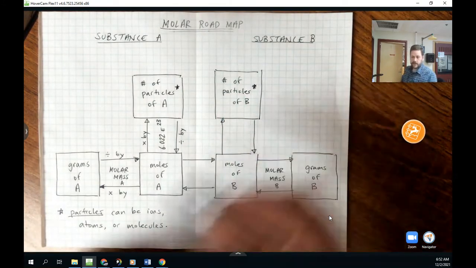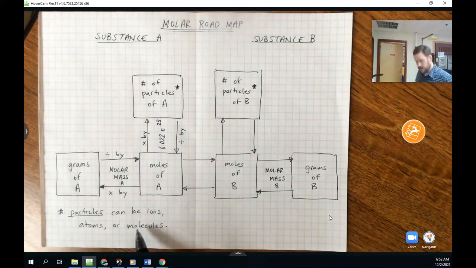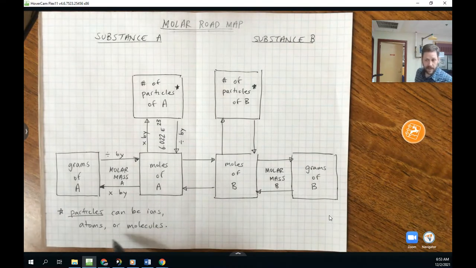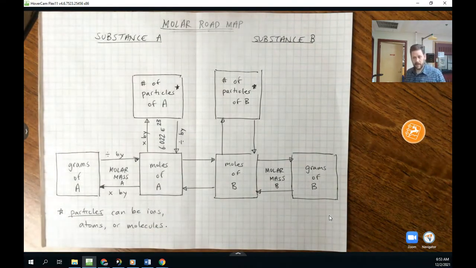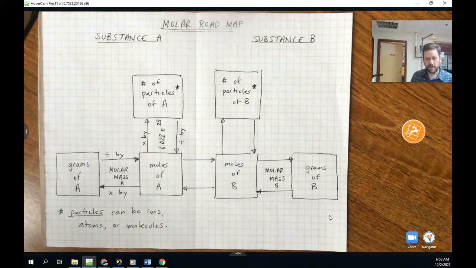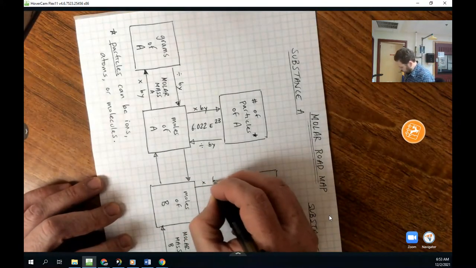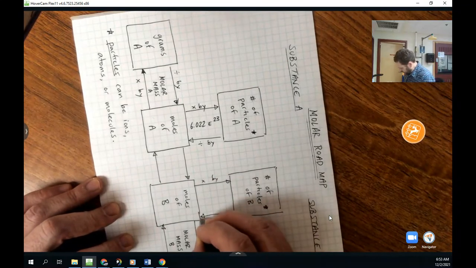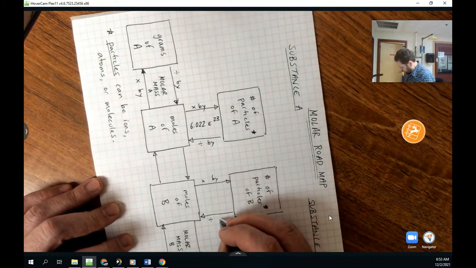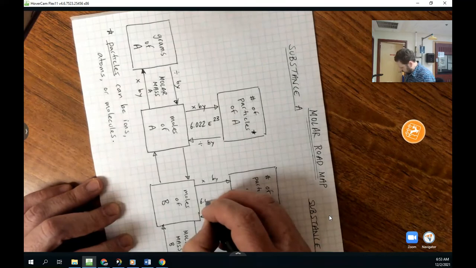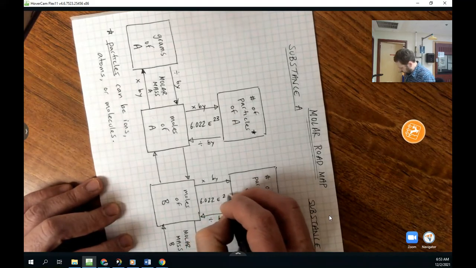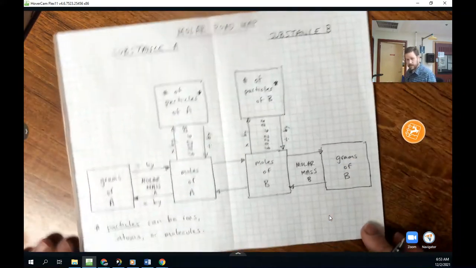And I put that asterisk next to particles again because we're sometimes going to need to remember that we may be talking about atoms or we may be talking about molecules when we're talking about particles or even ions. And of course, the same operators are going to apply here, going between particles and moles. 6.022 times 10 to the 23rd is our conversion factor.